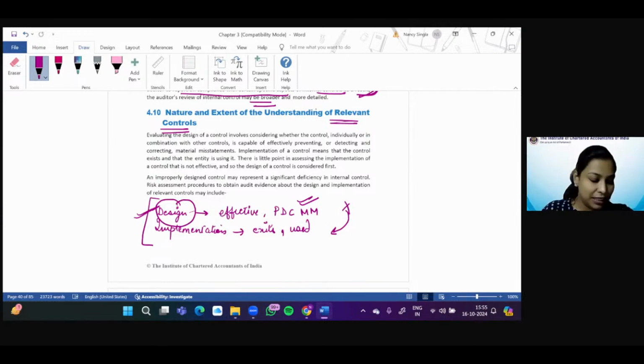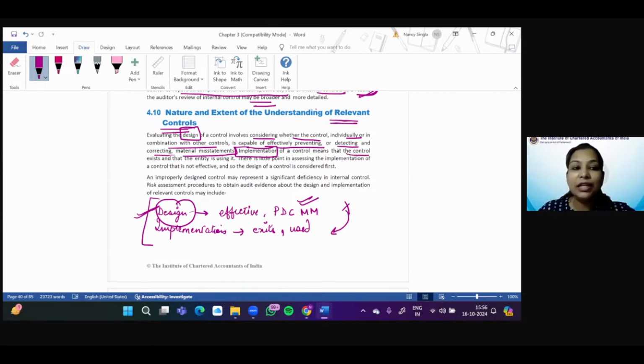So let us have a read from the module. So design, what is meant by design? Evaluating the design of a control involves considering whether the control individually or in combination with other controls is capable of effectively preventing or detecting and correcting material misstatement, right? And what is meant by implementation of a control?